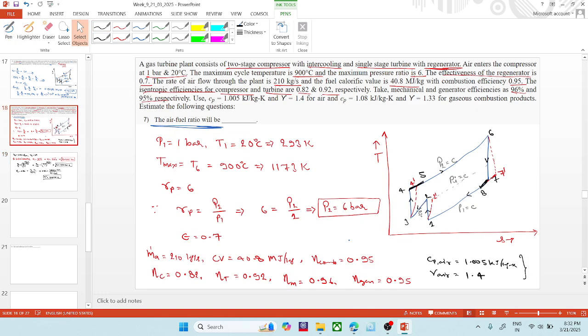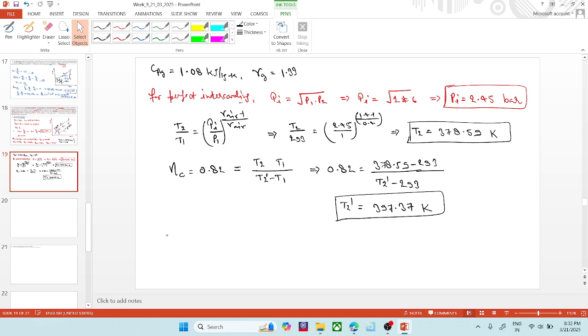Now for the perfect intercooling, this T3 will be equal to T1, which is 293 Kelvin.